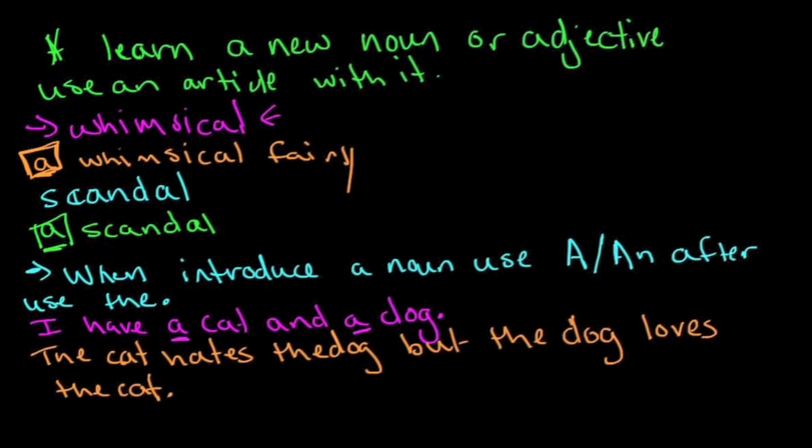So you can see every time after the first, this is the first time I mention them, I use a, and then every time I mention them after the first time, I use the. The cat hates the dog, but the dog loves the cat. So you can see I have the in here many times, and it might sound silly to people that don't have articles in their language, but this is correct.